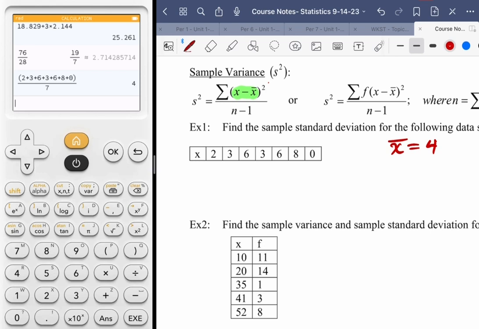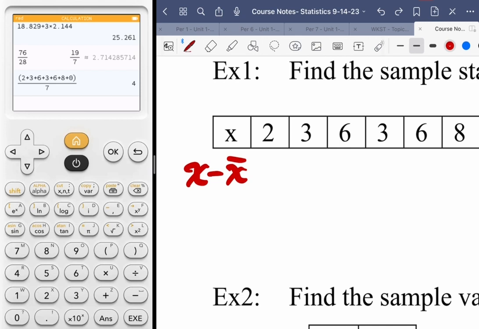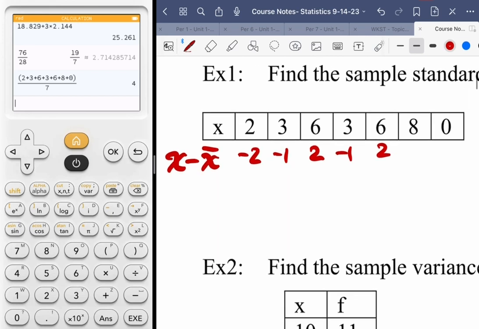So I'm going to create a new row where I simply find x minus x bar, which means each of the x values minus the x bar. If I subtract a 4 from each number, I get -2, -1, +2, -1, +2, +4, and -4.